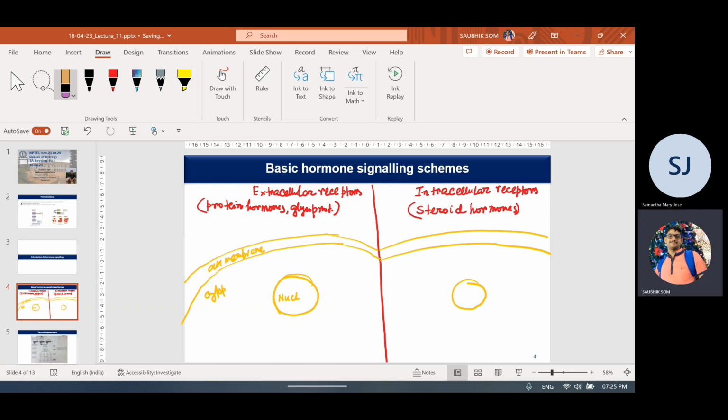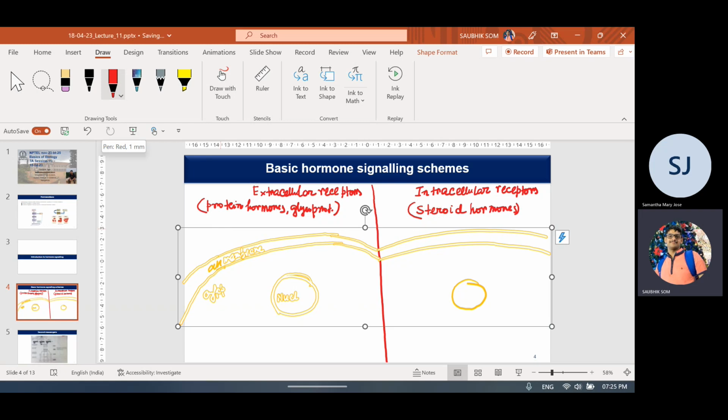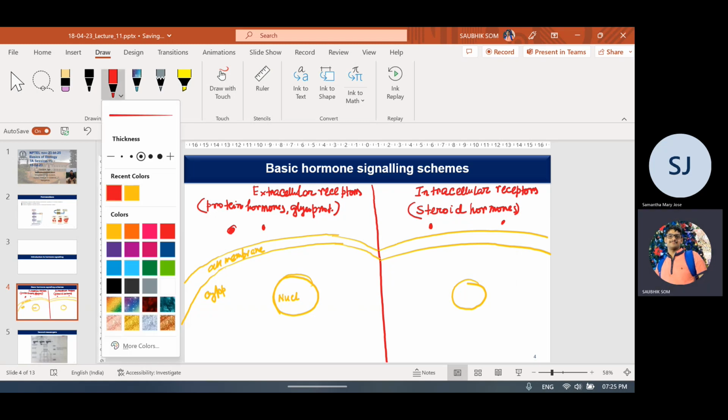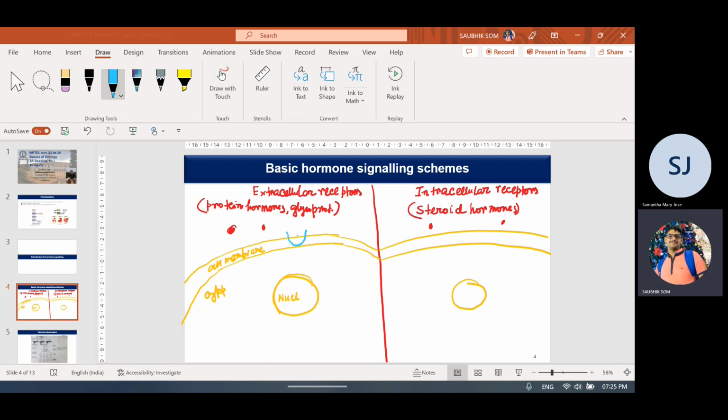Now, for the extracellular receptors, if these are my hormones, the hormone receptors will be here on the cell surface.